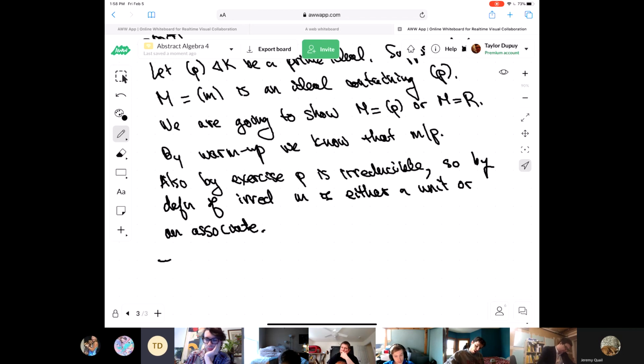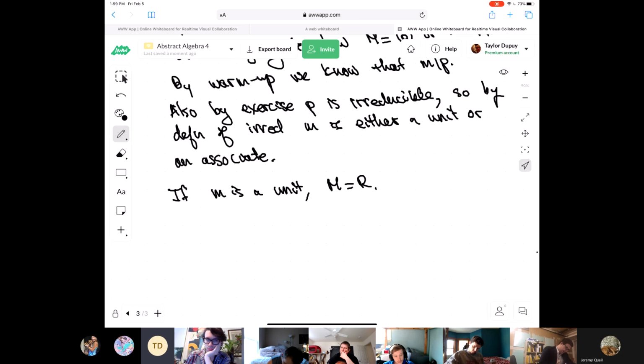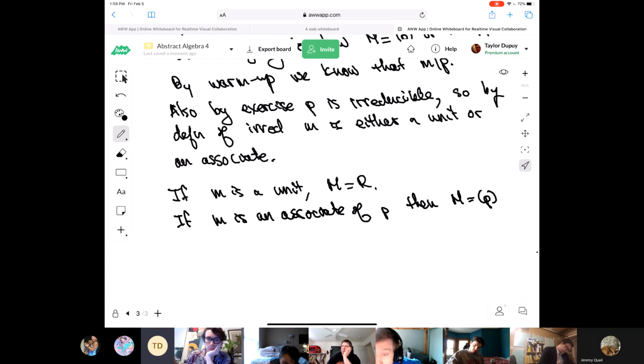If M is a unit, then M, this ideal here, is equal to R. If M is an associate of P, then M is equal to P. And that proves maximality, because we showed that it is either the whole ring or the same ideal, and that's what it means to be maximal.